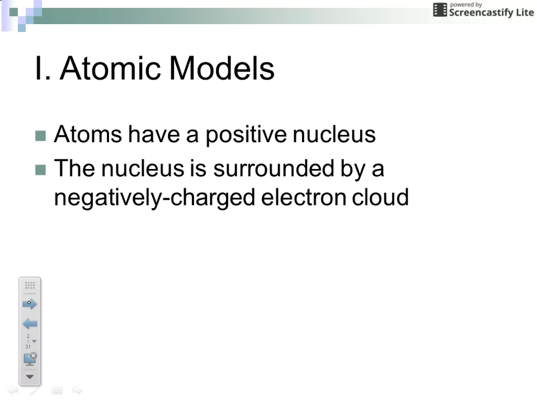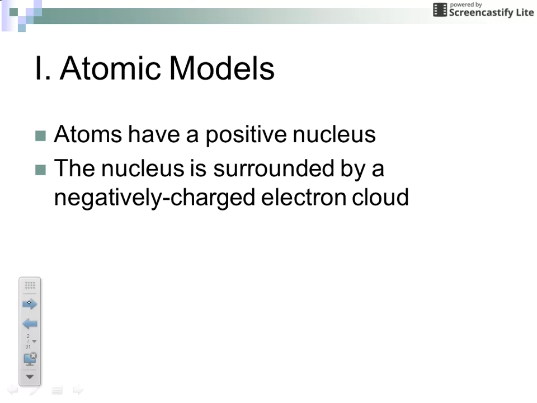So we're going to start off in chapter 5 talking about the value of atomic models and what we know about atomic models. We learned that after Rutherford did the gold foil experiment, the nucleus is where the positive particles are located.